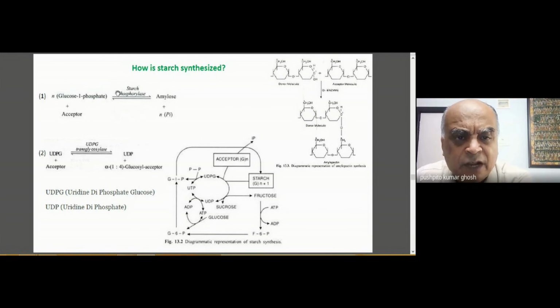Some of the enzymes are different. This is an enzyme special to starch, whereas that was for sucrose, but the basic chemistry of how a donor is given to the acceptor is effectively the same kind of chemistry. Okay, there's no major difference between the two.